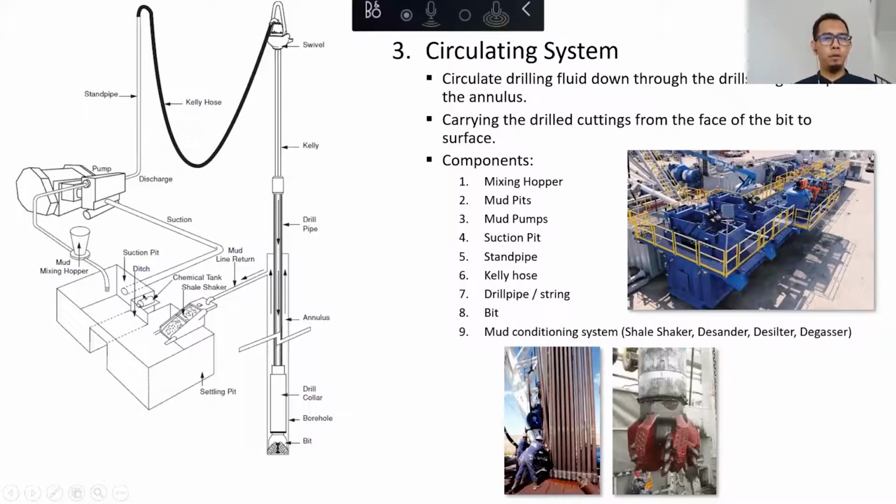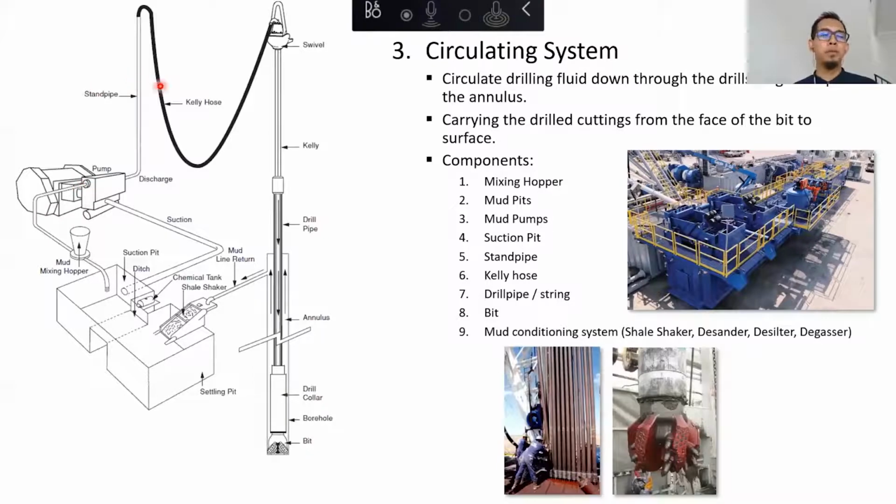So in the flow here, it's from the suction pit or the mud tank, and then sometimes they got a specific mud tank to collect and then transfer to the suction pit so that they know what is the requirement, the exact volume. And then once it's in the suction pit, it will go up into the mud pump and then be pumped into the standpipe.